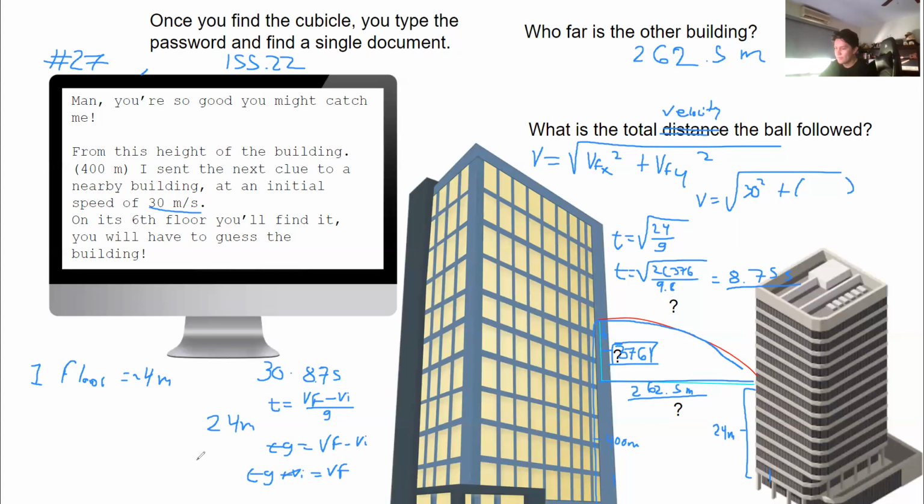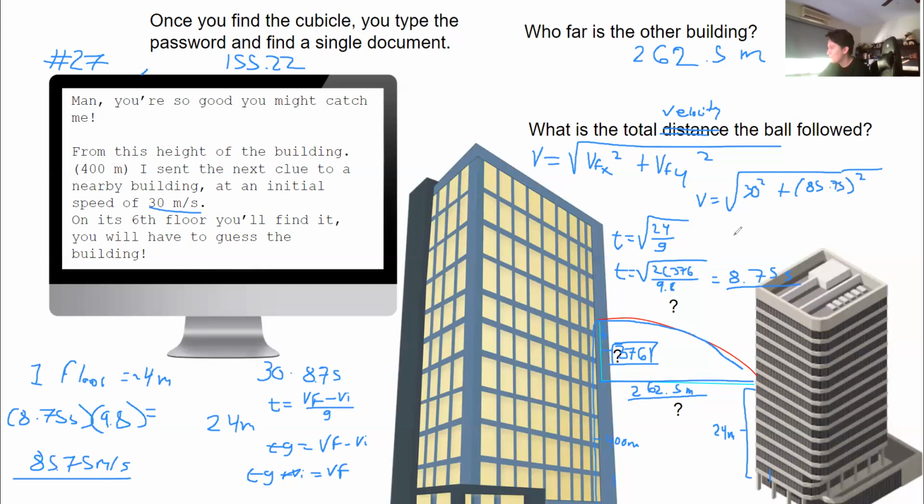So it's just time, 8.75 seconds, times the gravity, which is 9.8, positive in this problem. We multiply 8.75 times 9.8, and we get that the final velocity on the y-axis was 85.75 meters per second.